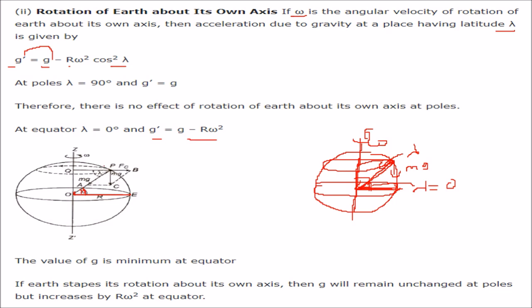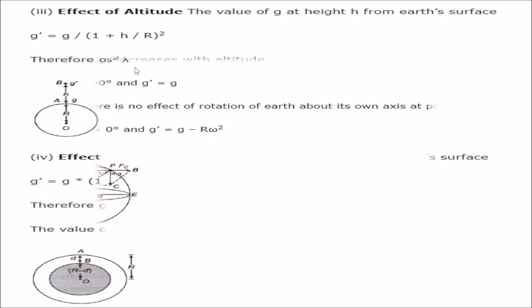So g is minimum at the equator, and due to the earth's rotation about its own axis, g will remain unchanged at the poles. From the pole to the equator it is going to change with respect to r omega square, because the radius remains the same. Omega is the angular velocity by which the earth is rotating about its own axis.